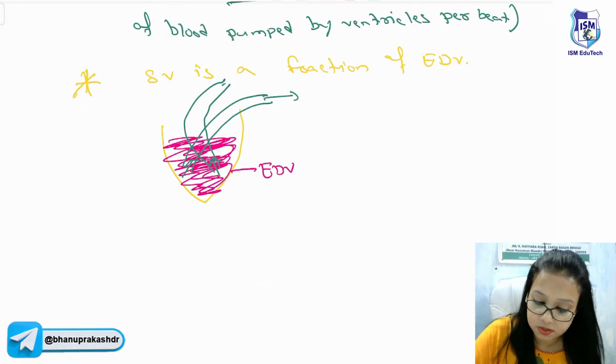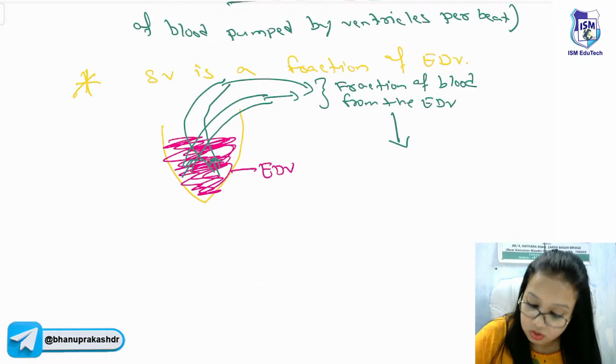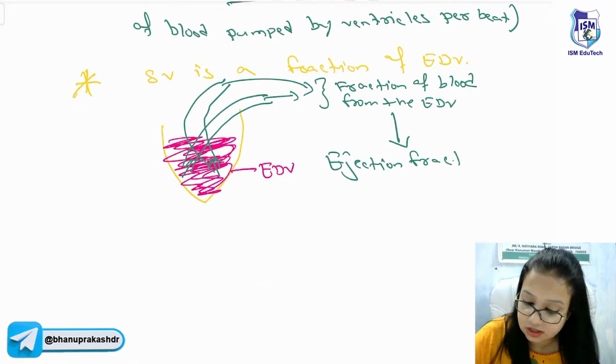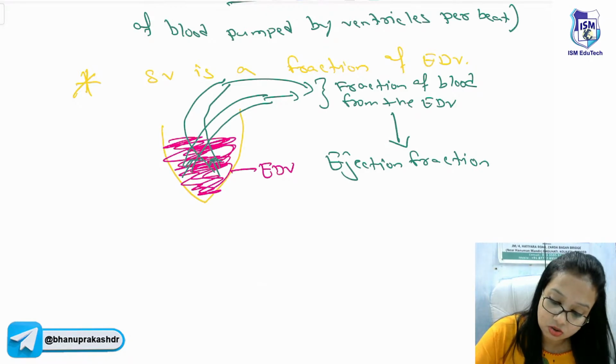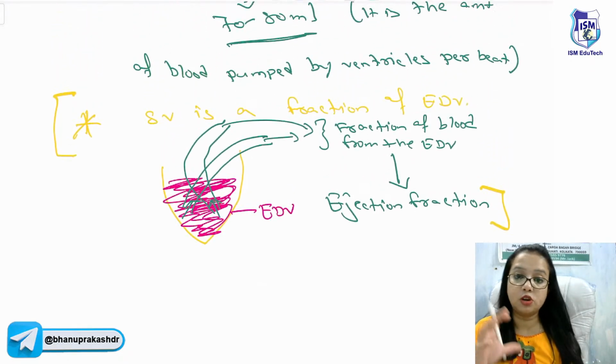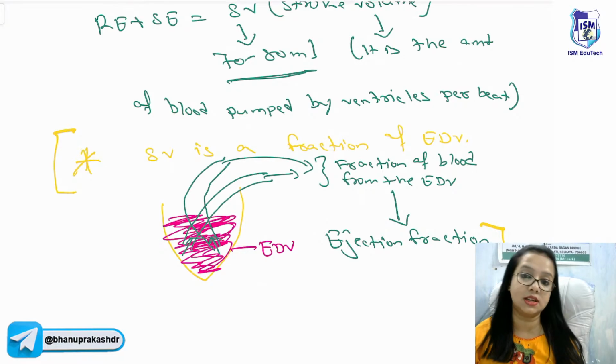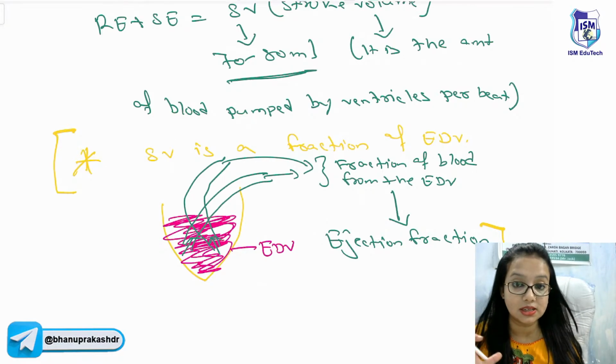So this blood that is being pumped is nothing but a fraction of the blood from the end diastolic volume. Now this is what is called the ejection fraction. It means the volume of the blood that is pumped out from the end diastolic volume into the periphery and the lung. That is the ejection fraction.